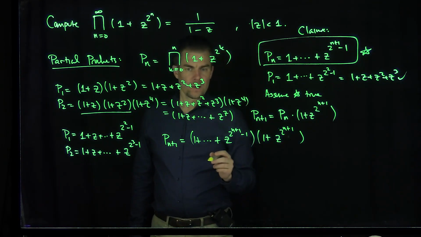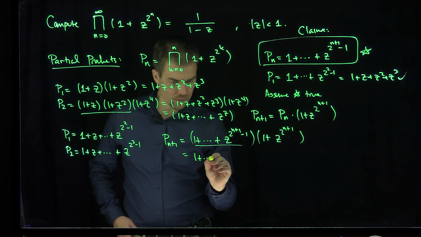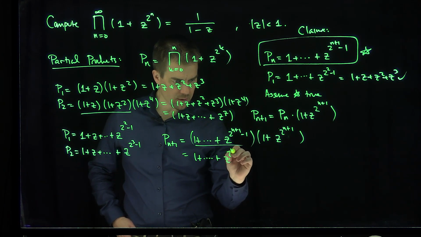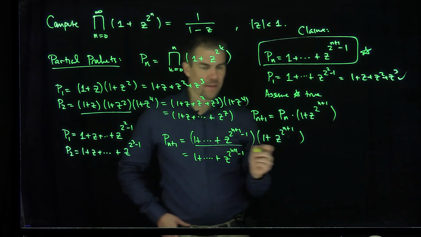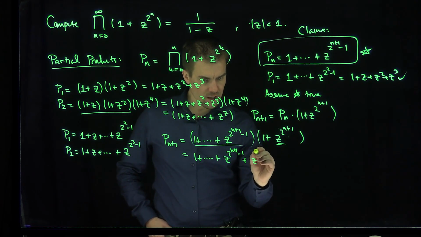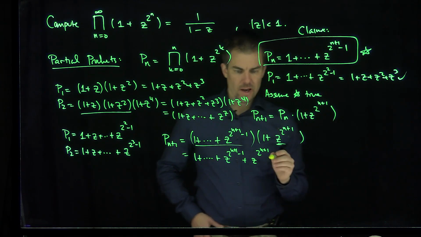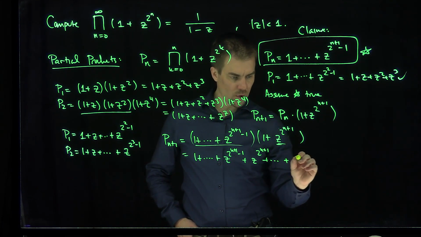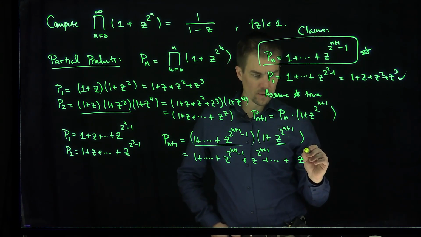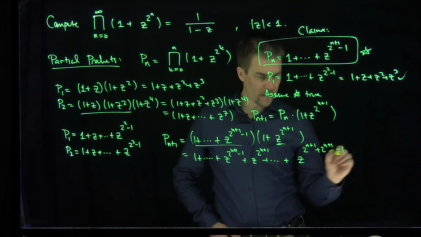Okay. And so what we have, the 1 is going to multiply and give me all the same terms, right? Up to z to the 2 to the n plus 1 minus 1. And then the next term, the next term will start with a z to the 2 to the n plus 1. So it picks up at the very next term in the sequence and goes all the way down to the very last term, which is z to the power 2 to the n plus 1 plus 2 to the n plus 1 minus 1.